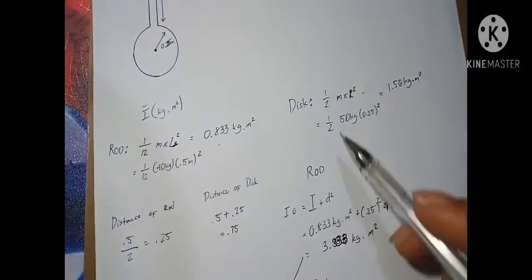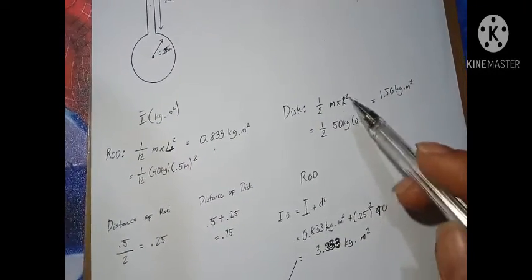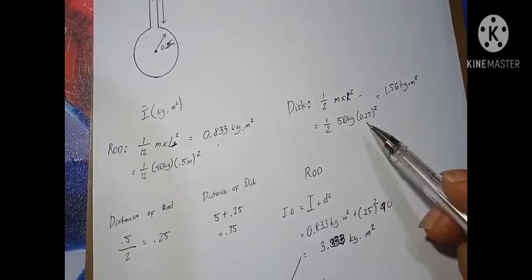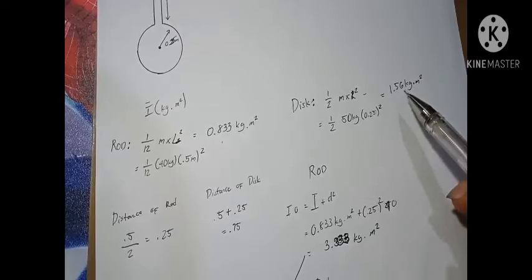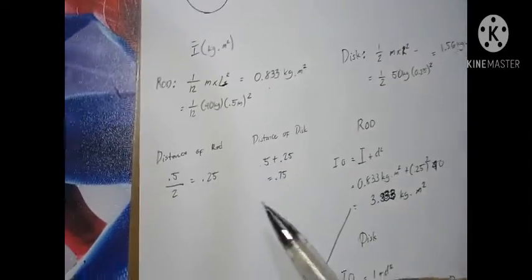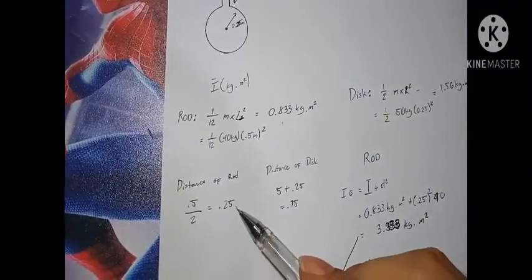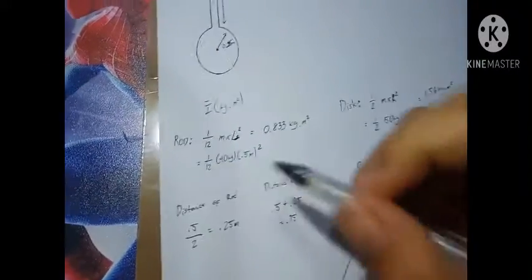And for the disc, we have the constant 1/2 times mass times the radius squared: 50 kilograms times the radius 0.25 squared, divided by 2, we have 1.56 kilogram meter squared. The distance of the rod is simply 0.5 meters over 2, 0.25 meters. Sorry, I forgot to put the units.